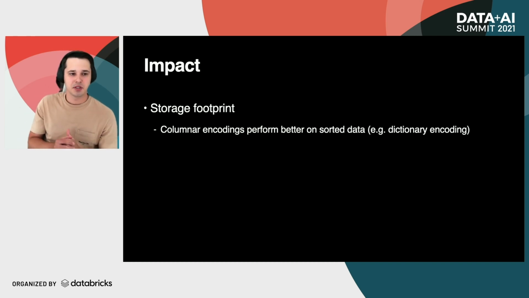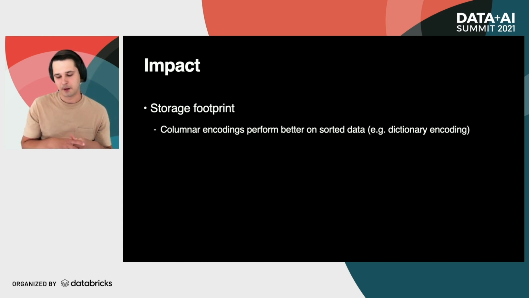Also, data distribution and ordering will impact the storage footprint you have. In particular, columnar encodings perform way better on sorted data. So if you sort your data globally, then you increase the chances of using dictionary or maybe delta encoding, which will reduce the storage size, the size on disk essentially.